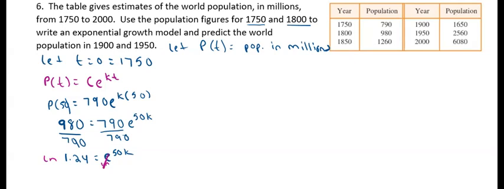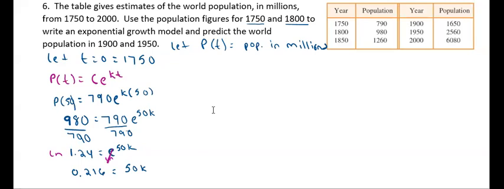The natural log and the e are opposites of each other, so those are going to cancel. The natural log of 1.24 is 0.216. So that equals 50k. If we divide both sides by 50, then it looks like our k value will be 0.0043, and that's our k value.